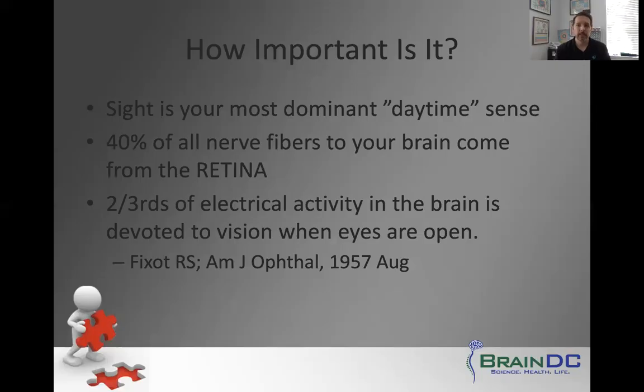But when you really jump in and start flipping through Lee and Z, you see how much of the brain is actually devoted to moving the eyes and coordinating the eyes, processing vision, processing movement in your visual field versus static visual field versus putting the two of those together. There's a lot of understanding there that happens. Two-thirds of all electrical activity in the brain is devoted to vision when the eyes are open.